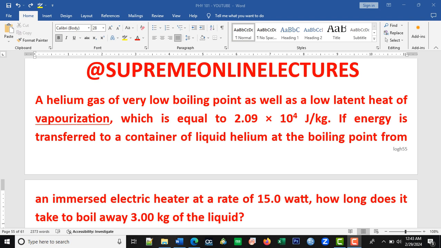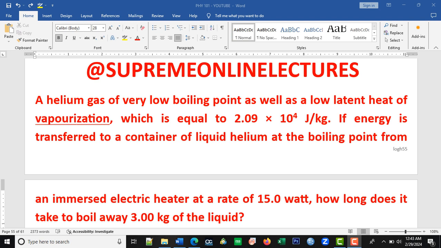So, looking at this example, we are being given the latent heat of vaporization to be 2.09 times 10 to the power 4 joules per kilogram, and the power rating is given as well, which is 15 watts.